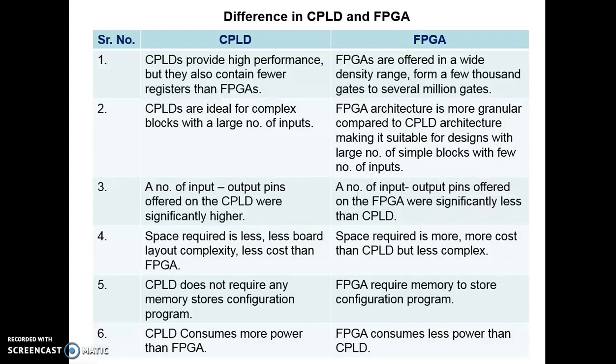Space required is more, cost is more than CPLD, but less complex. CPLD does not require any memory to store the configuration program. FPGA requires memory to store the configuration program. CPLD consumes more power than FPGA. FPGA consumes less power than CPLD.